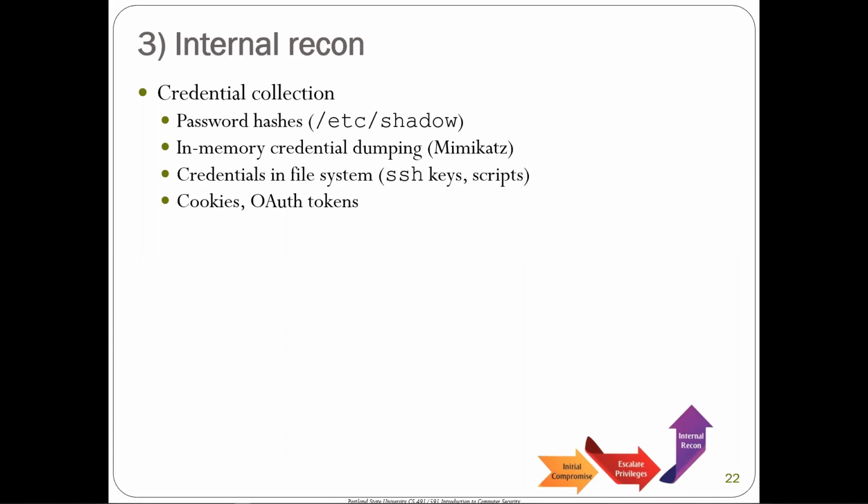So Mimikatz and Pass the Hash are all tools that allow an adversary, once they're on your system, to get everyone's credentials that it can in memory. You could also look in the file system. For example, on Linux, on Ada, on linux.cs, people have their SSH keys in there. If you have root access to that file system, I can get everyone's private SSH keys within their directories.